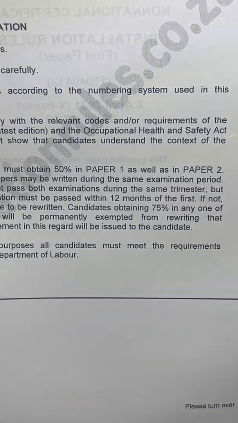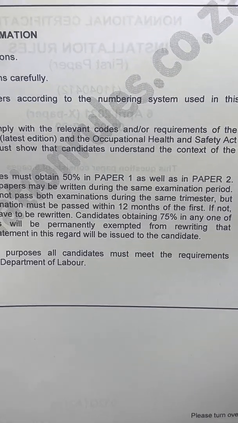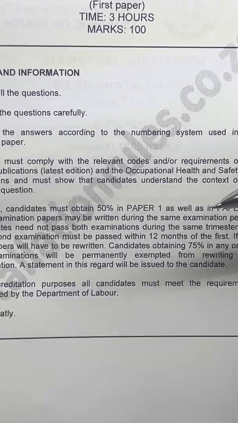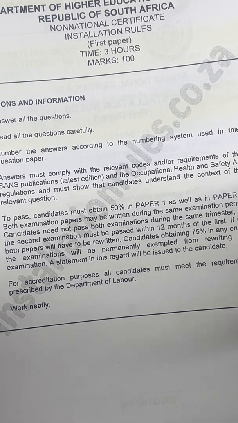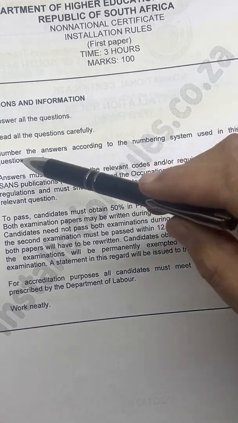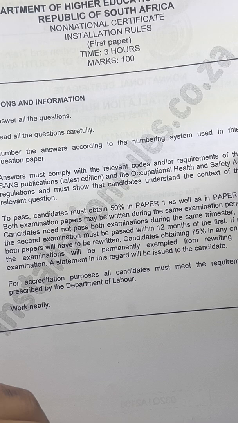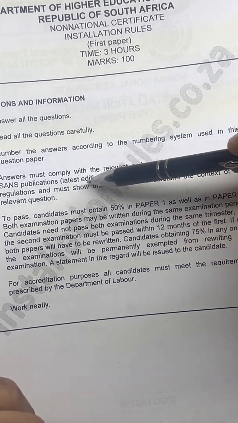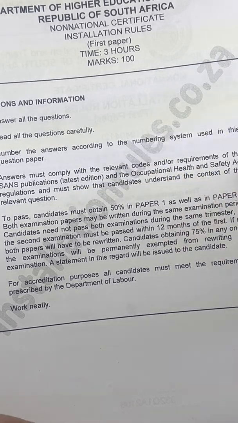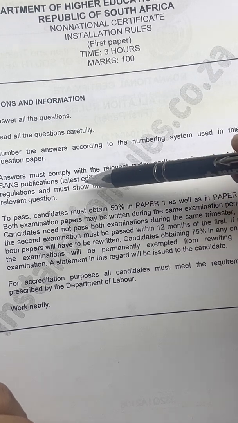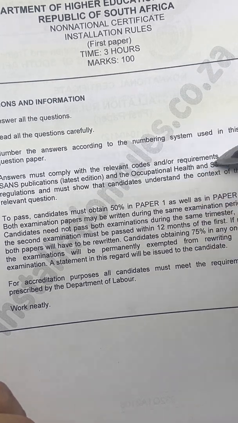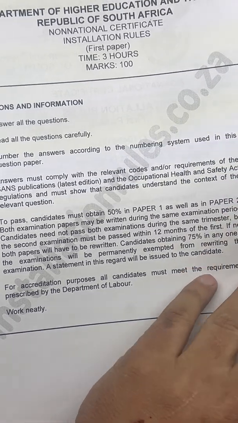The best thing to remember, guys, when you're doing your test, is that the answer must comply with the relevant codes and/or requirements of SANS publications, latest editions, or the Occupational Health and Safety Act regulations, and must show the candidate understands the context of the relevant questions.